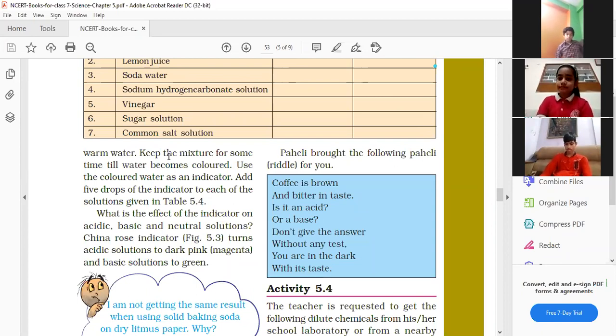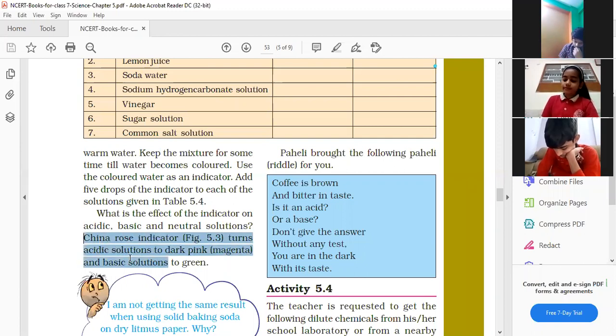Use the colored water as an indicator. Add 5 drops of the indicator to each of the solutions given in table 5.4. What is the effect of the indicator on acidic, basic and neutral solutions? China rose indicator turns acidic solutions to dark pink and basic solutions to green.